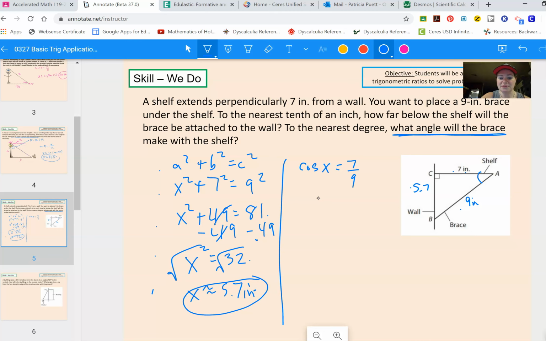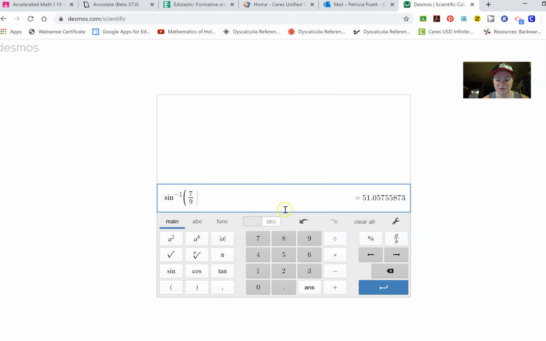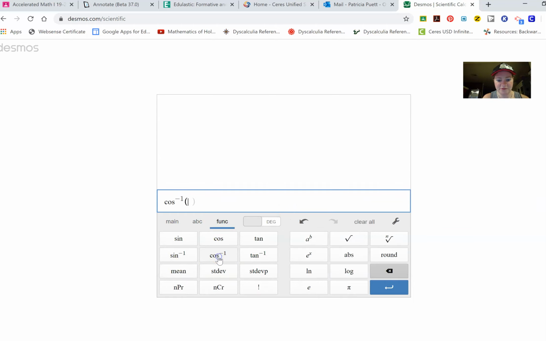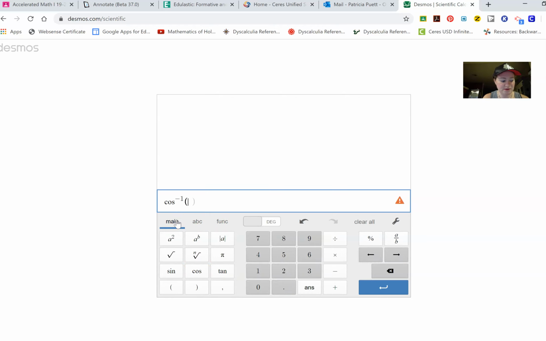Okay, so if I do the inverse cosine of 7 divided by 9, that's going to give me about 39 degrees. Let me see. Just to double check, the inverse cosine of 7 divided by 9, so 38, yeah, about 39.